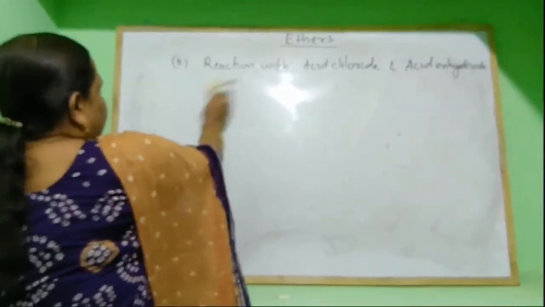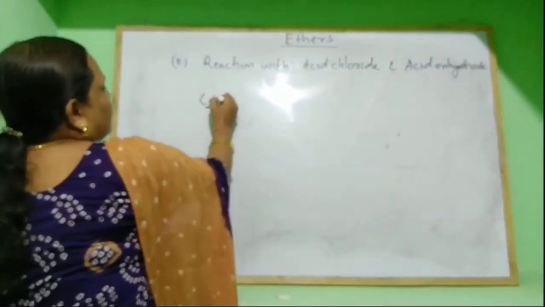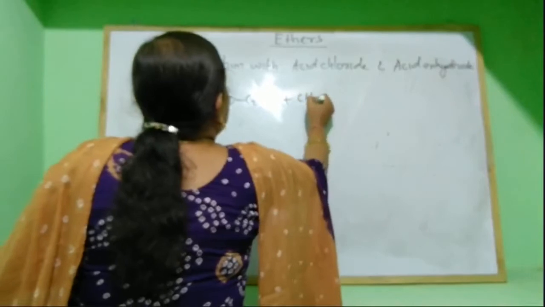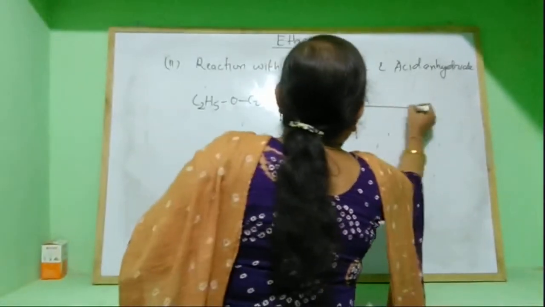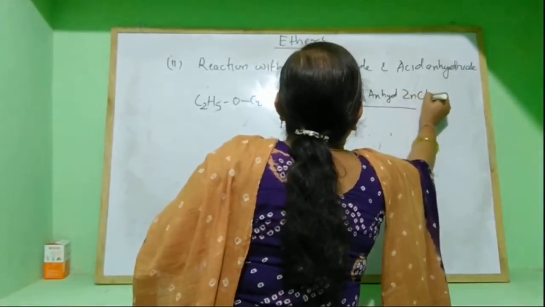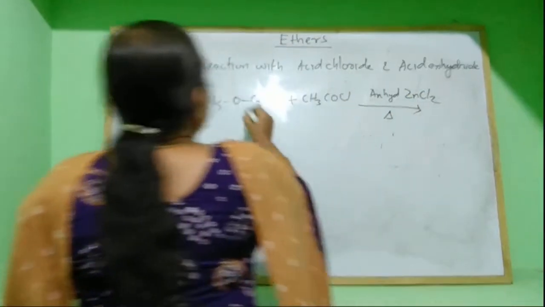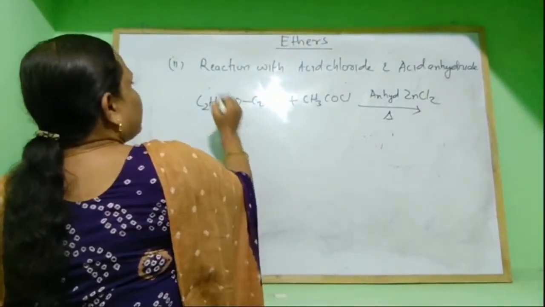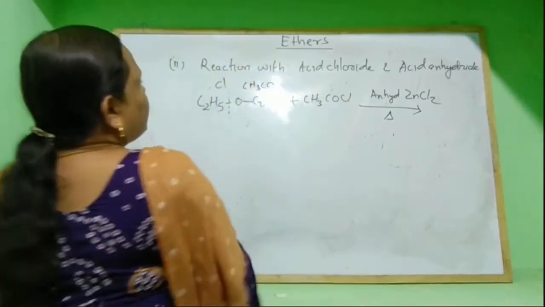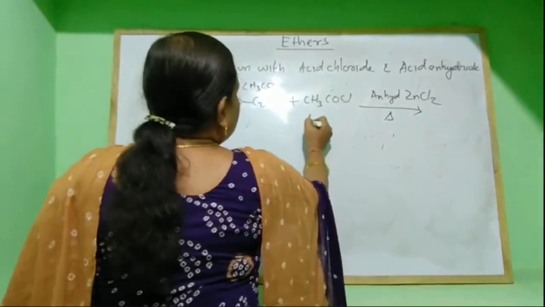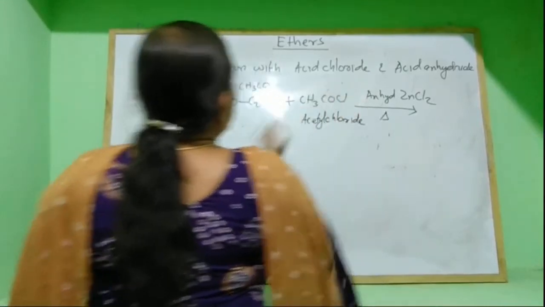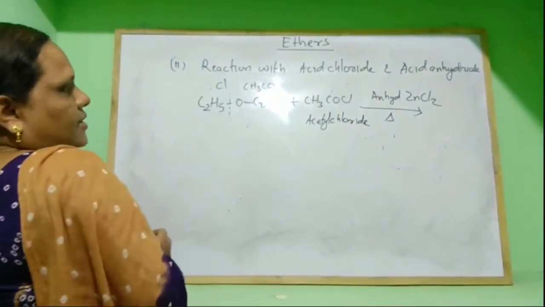Look at the equations. Anhydrous ZnCl2 and heat. So bond breaking takes place here. Chlorine and CH3CO, this is your acetyl chloride, and this is diethyl ether.